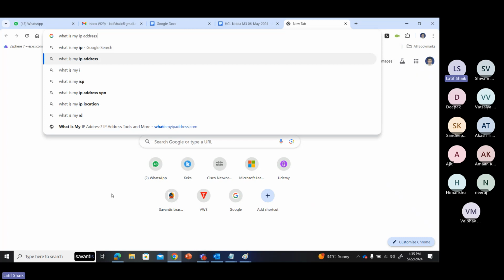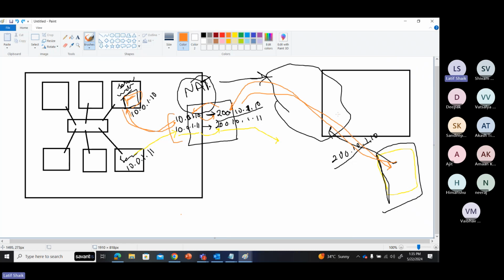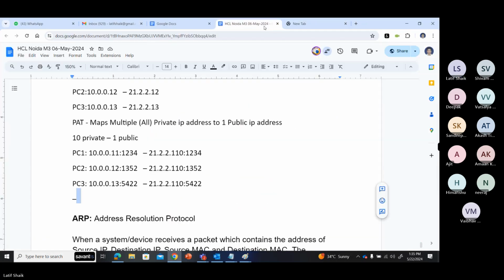Type like this, and it displays a different IP address. Why? Because Google doesn't understand your private IP. Google understands your public IP.